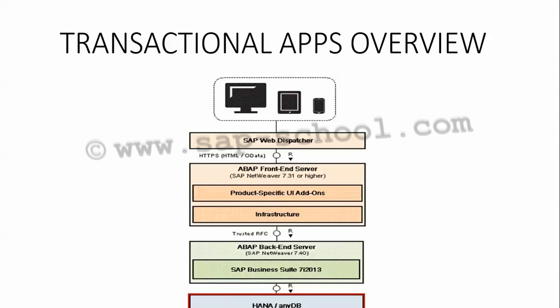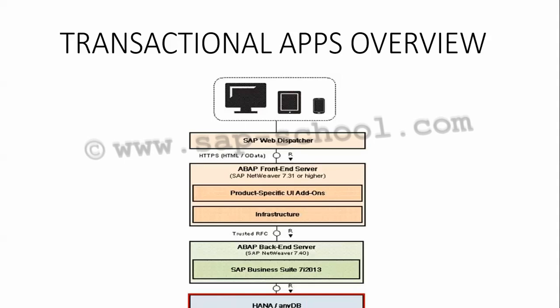So we can see in this slide that first of all we have the SAP Web Dispatcher, then the request will go to my ABAP front-end server. In the ABAP front-end server we have the product specific UI add-ons and we have the infrastructure. Then using the trusted RFC, my front-end server will communicate with my back-end server, wherein I have all the business logic, all the business functions residing.